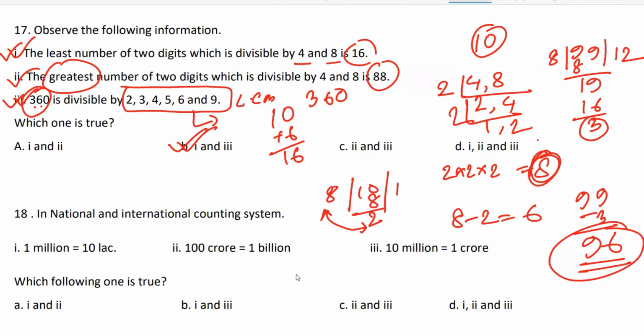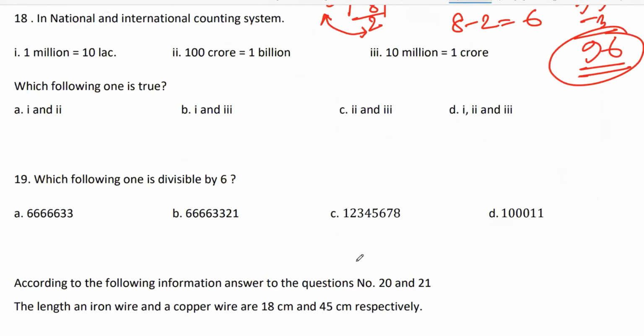Question number 18. Here, in the national and international counting systems, make the relation. 1 million equals 10 lakh. This information is correct. 10 crore equals 1 billion.